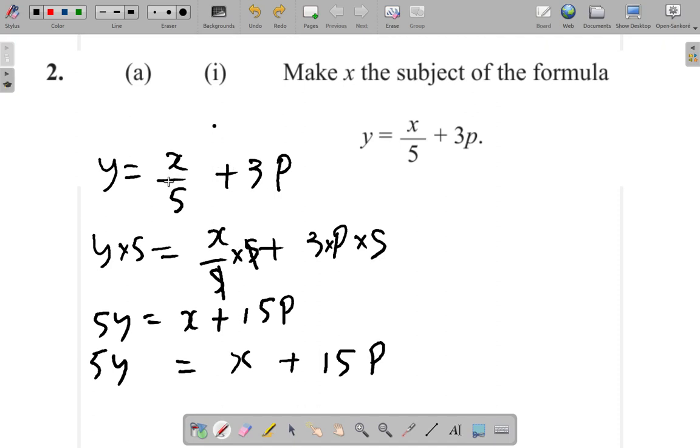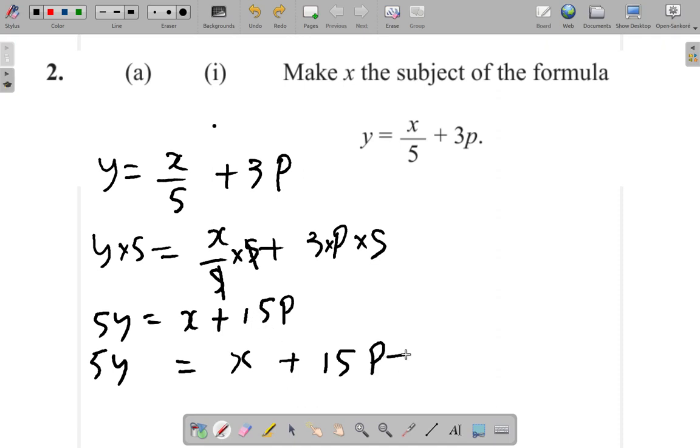You want x alone equal. So what I did first was to get rid of 5. I am closer to getting x equal because I no longer have a 5. But now I have x plus 15p. I want to get rid of 15p so that I have x alone equal.